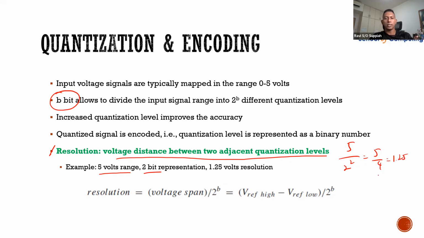As you can see, the gap between subsequent levels is very high, 1.25 volts. So the error that you will have will be very high. The more bits you have, the better in representing the analog signal using the digitized value.